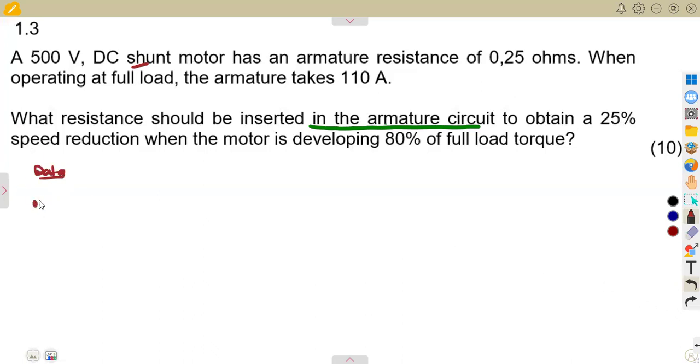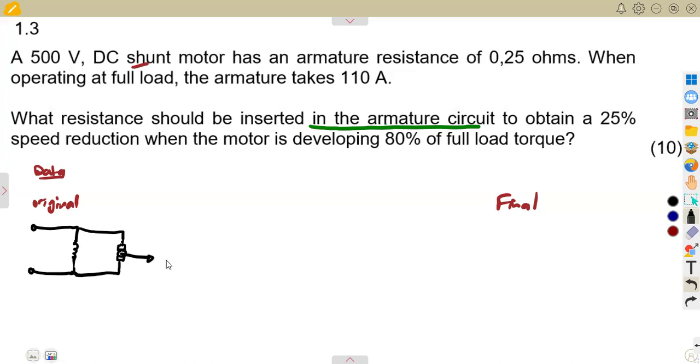So let us just consider the data that you're given. We have our original condition, then we also have the final condition on this side. All right. So there's a DC shunt, as we know, in our circuit diagram. But if you consider this, you see that you do not even have the field resistance. This is going to affect us, but we are just going to talk about this one.